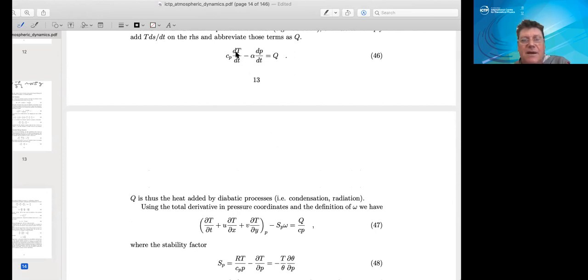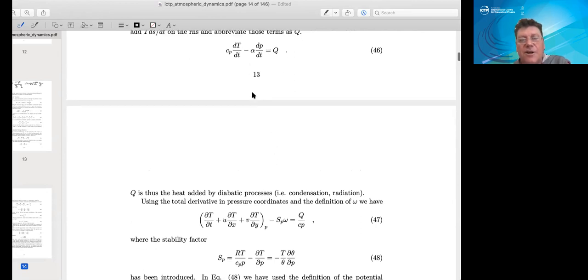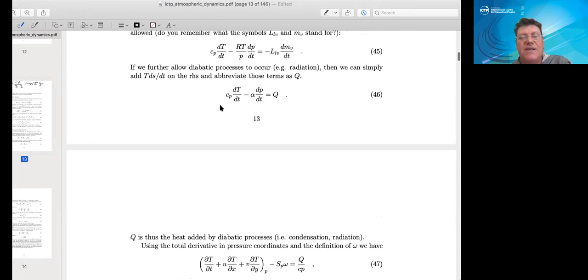We note already one thing: the reason why we have written down this temperature equation, the first law of thermodynamics, in enthalpy notation is because we have the dp by dt here, which is just the vertical velocity in the new coordinate system.